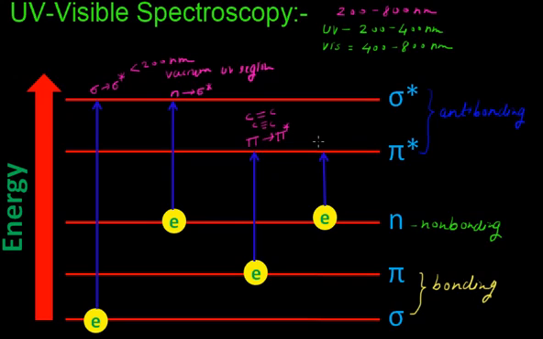So alkenes as well as alkynes will show the pi to pi star transition. The last electronic transition is non-bonding to pi star. In the non-bonding to pi star transition, the energy required is very low compared to the previous three, and generally the molecules involved have a carbon-oxygen double bond with non-bonding electrons on oxygen, or a carbon-nitrogen double bond with non-bonding electrons on nitrogen.